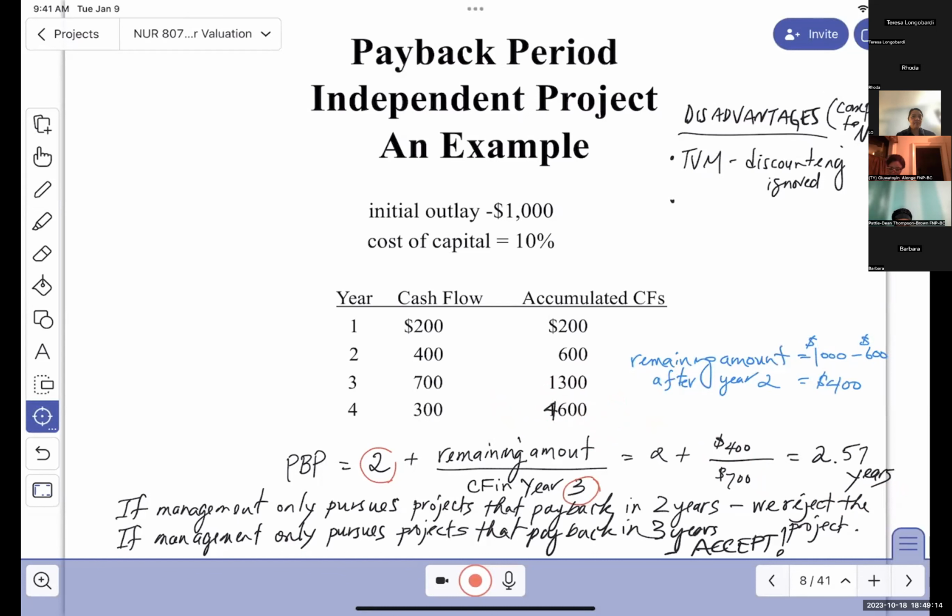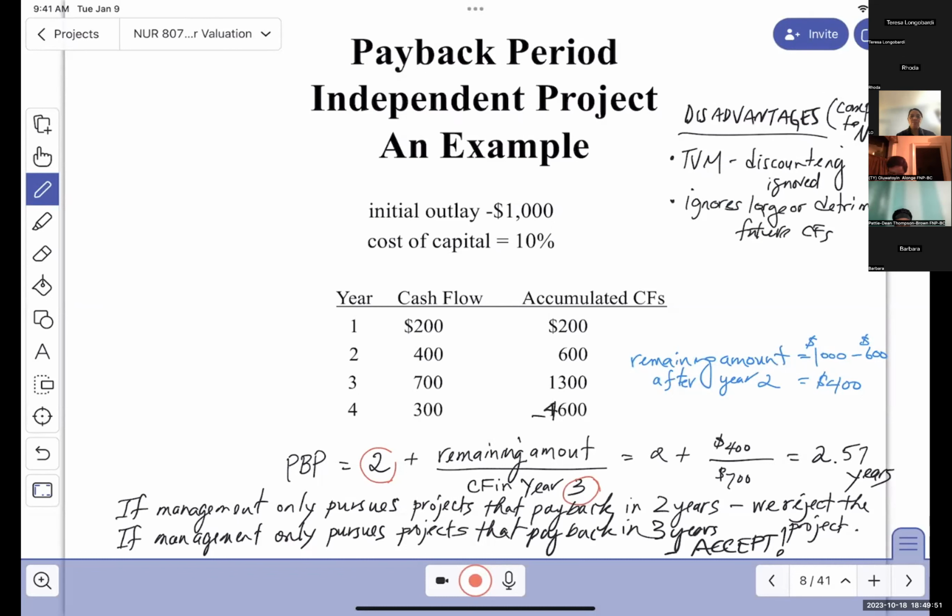So the problem in a few words is that it ignores future cash flows. Can you read that? It ignores large or detrimental future cash flows.